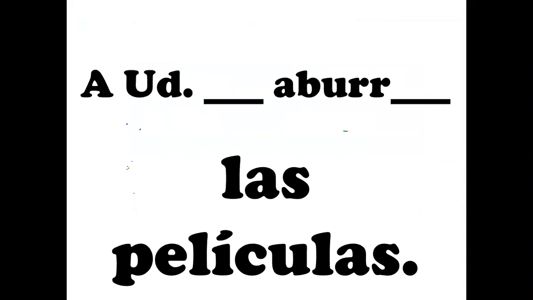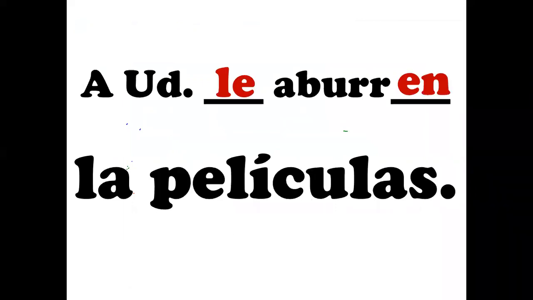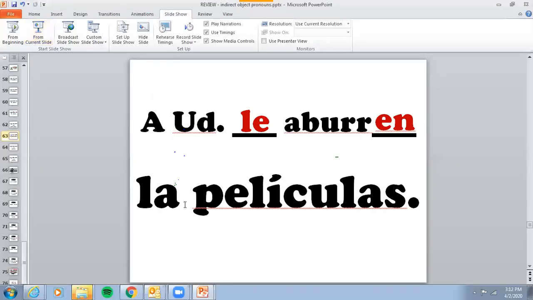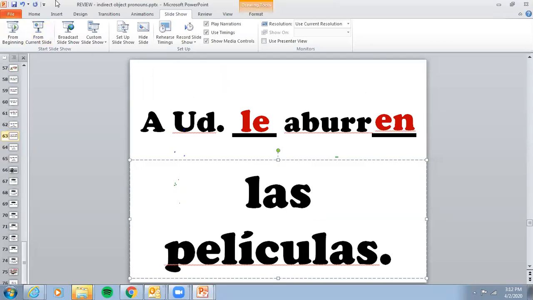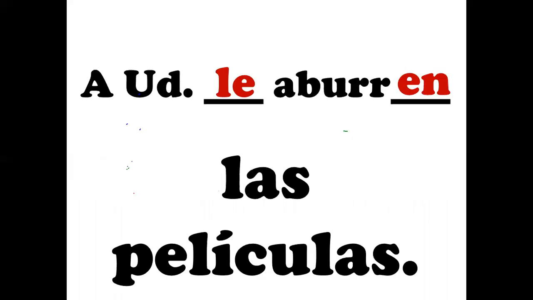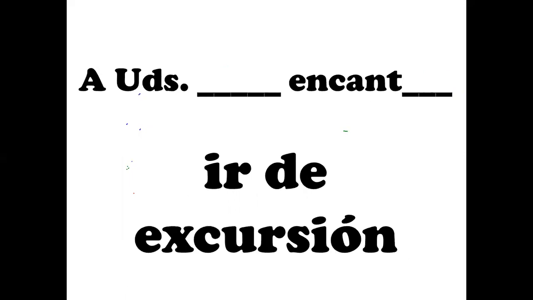A usted le aburren las películas. Le is the indirect object that matches usted. Aburren is the plural third person because las películas is plural, so aburren is the conjugated form of the verb.